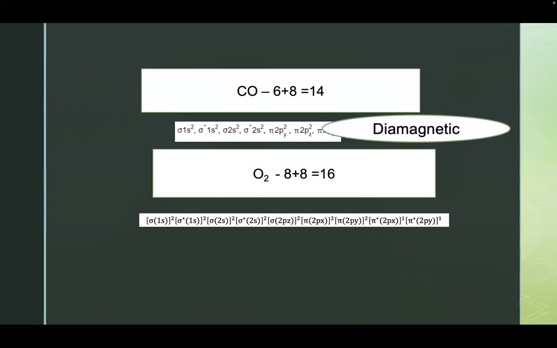And even before filling the orbitals, we know that it is paramagnetic. So this takes roughly 5 or 6 seconds for the calculation, and therefore you will be able to predict this and save a lot of time in your examination, and you can spend that time on other questions which might require more time in solving them.